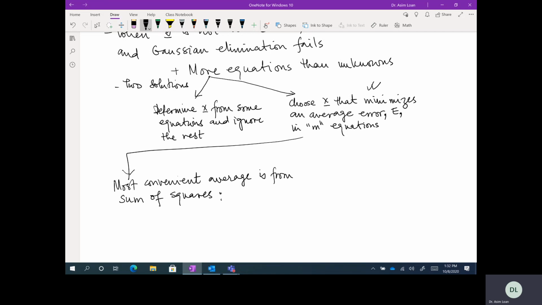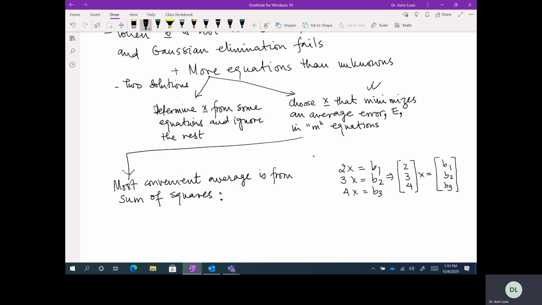So assume we have this set of equations: 2x equals b1, 3x equals b2, 4x equals b3. So this implies [2, 3, 4] x equals [b1, b2, b3].